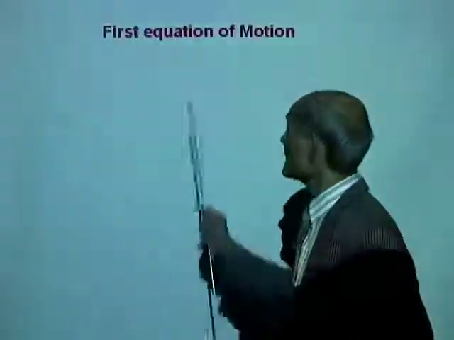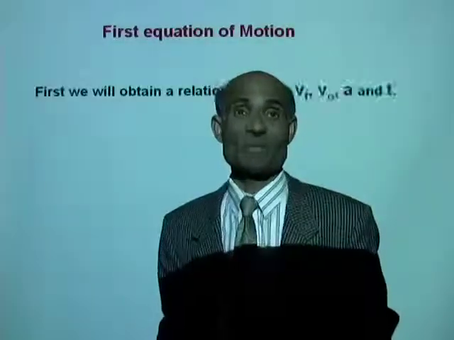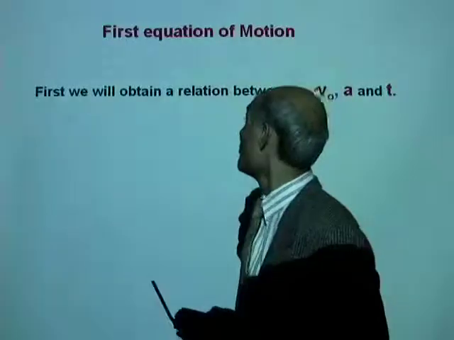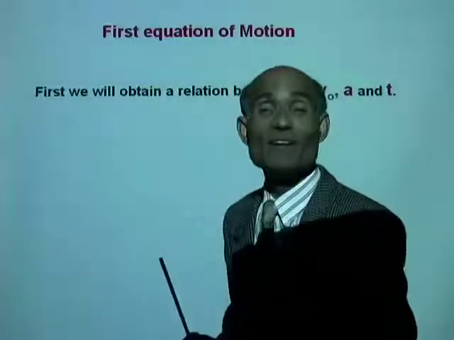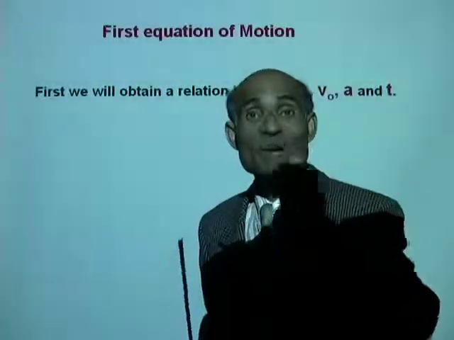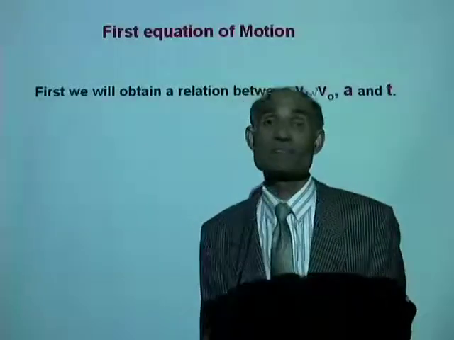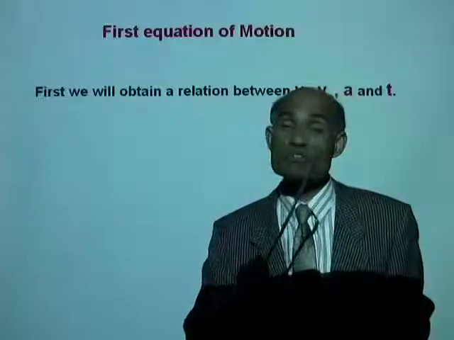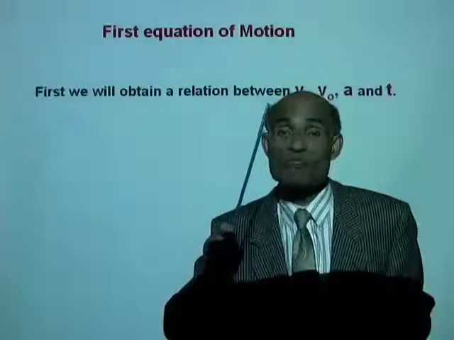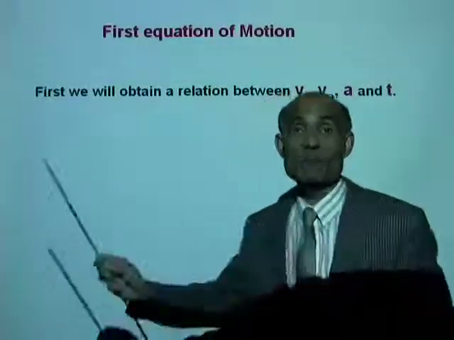Alright, let's develop the first equation of motion. The first equation of motion is actually the definition of acceleration. Do you recall the definition of acceleration? Well, acceleration is change in velocity divided by time.